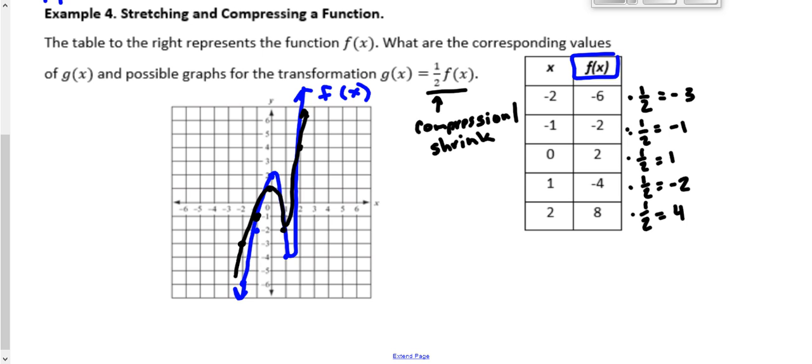It's hard for me to draw on this real clearly, but everything did compress. It got smaller. It shrank down a little bit. That's what that 1/2 caused to happen. If it had been 2, what would have happened, inversely, is that everything would have stretched out a little bit. So we would have had a stretch on this, and it would have been skinnier looking, maybe more so than a little bit wider looking.